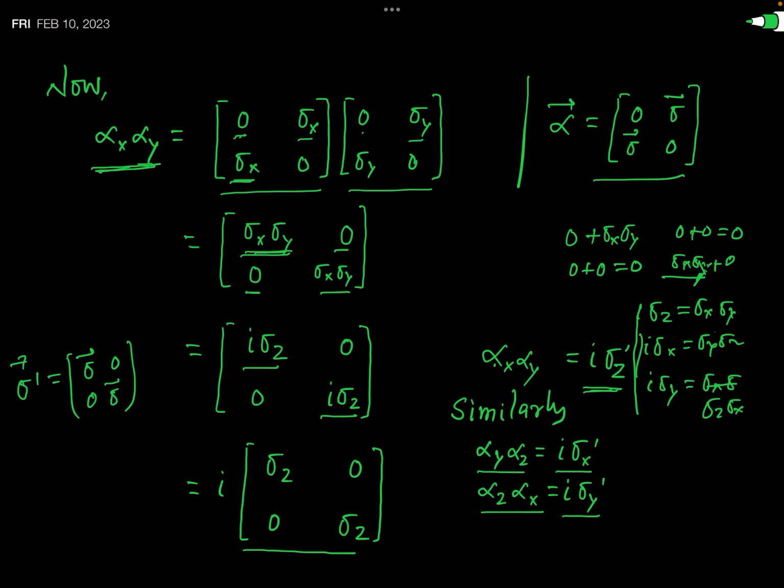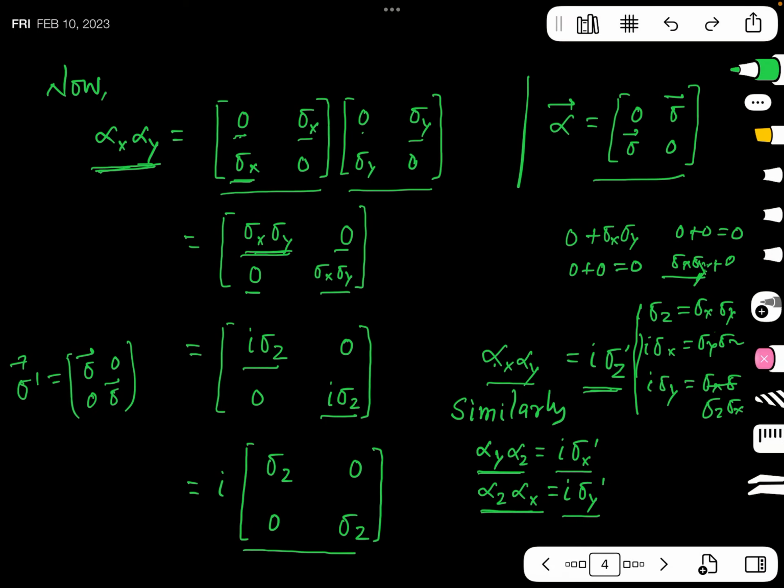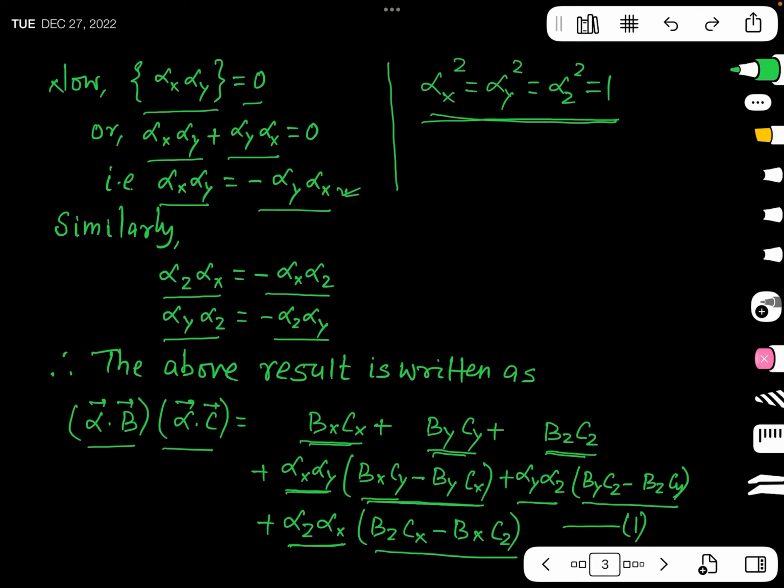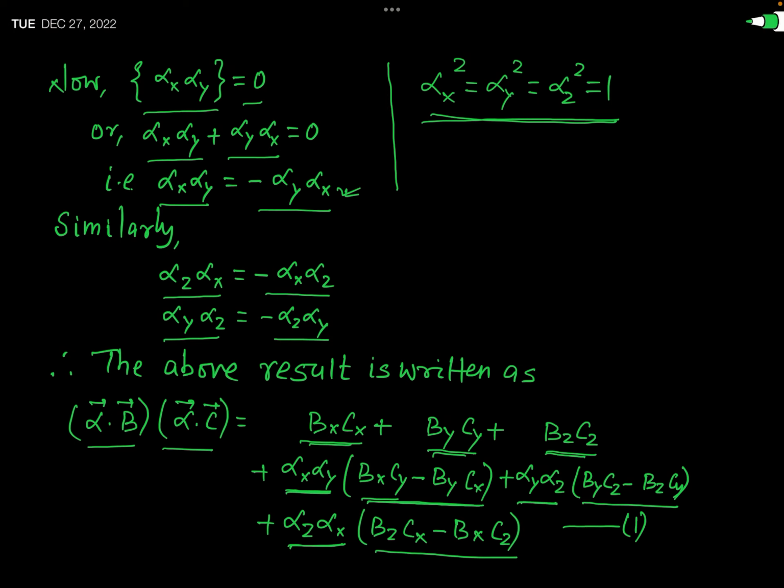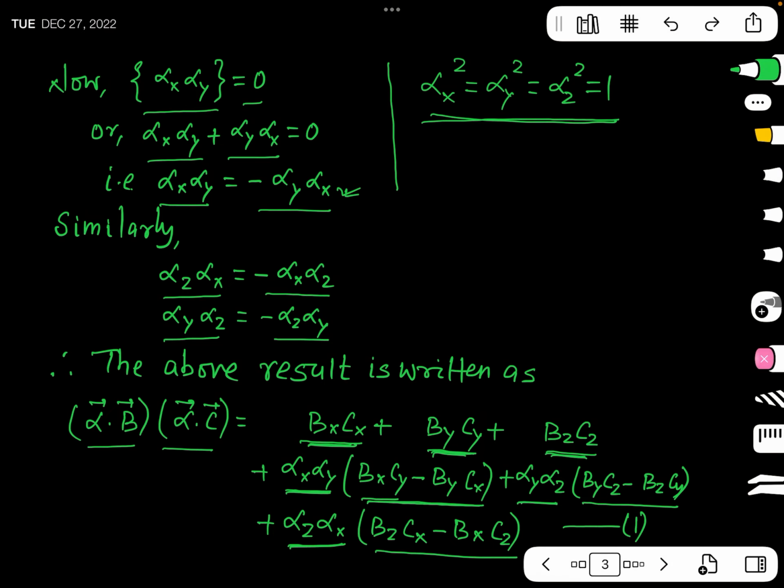Now after getting the values of these products alpha x alpha y, alpha y alpha z, alpha z alpha x, which occur in our equation 1, we will see what the other terms represent. bx cx plus by cy plus bz cz, this is simply b dot c.